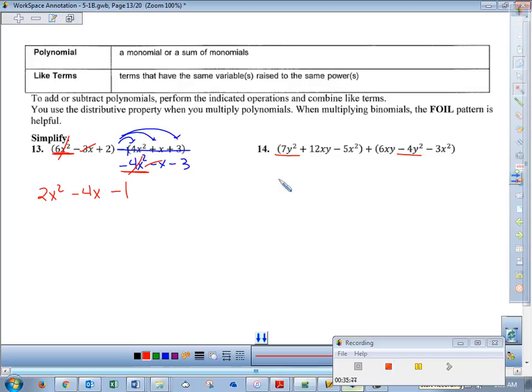Here's some more y squareds. That would give me 3 y squareds. Cool? Cross them out is what I like to do. xy's come next. So here's some xy's. There's some xy's. That is 18 xy's. And x squareds are last, negative 8x squareds.